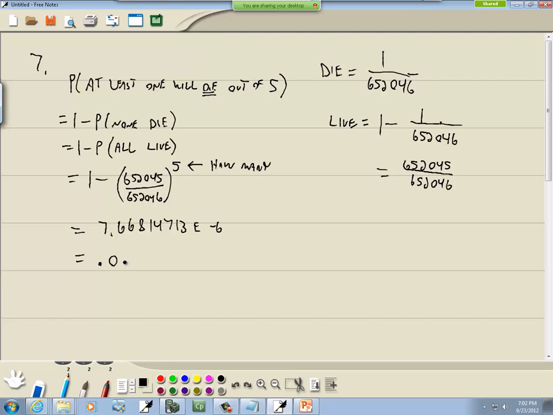So I'd have 0.00000766814713. If I were to round this to 4 decimal places, it'd be 0. Probability would be 0. I'm going to take it out more. I'll take it out to 4 significant digits. So I'll take it out that far. I don't like how some books will automatically just round to 4 decimal places. It's better to go with significant digits. With significant digits, you ignore those leading zeros.